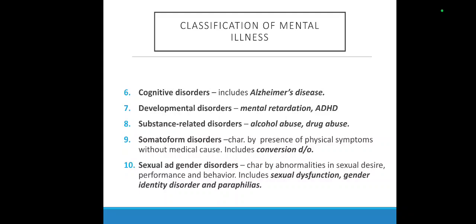Okay, so now let's talk about the populations who are at risk of developing these different classifications of mental disorders or mental illness. We have familial or genetic predisposition, especially for those who have a family member who experienced mental disorders.